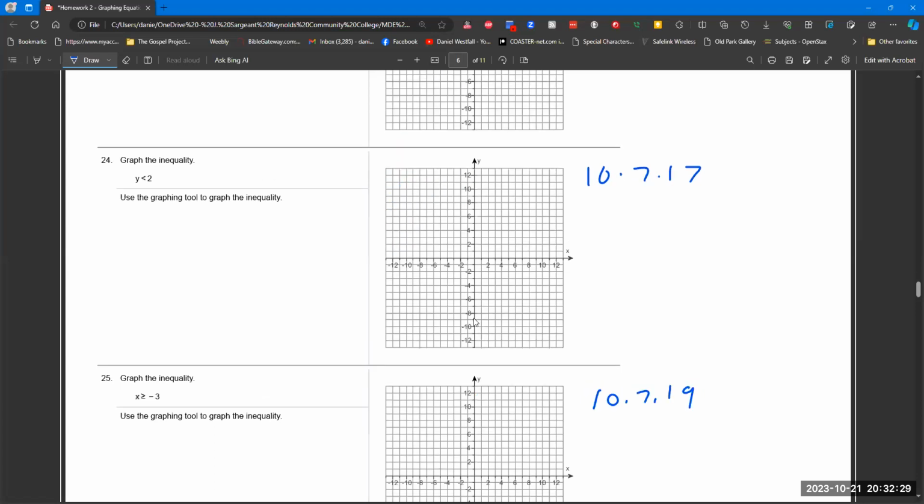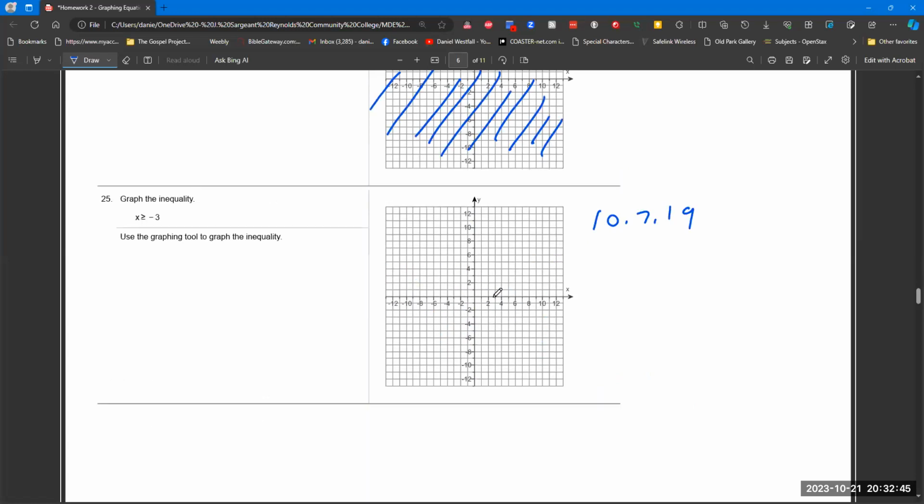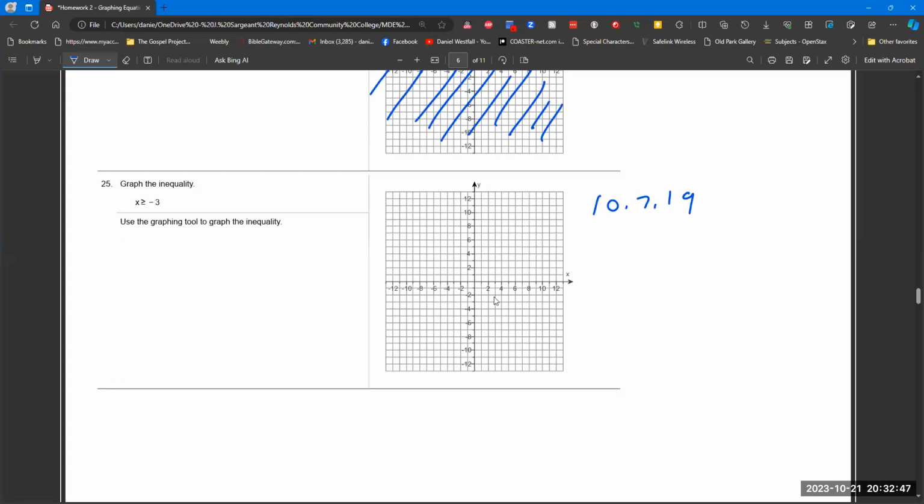Now I have a horizontal line, y equals 2, and it's a broken boundary. I want to shade below that line, so that's down here. Now I have a vertical boundary line of x equals -3. It's solid, I'm sorry.